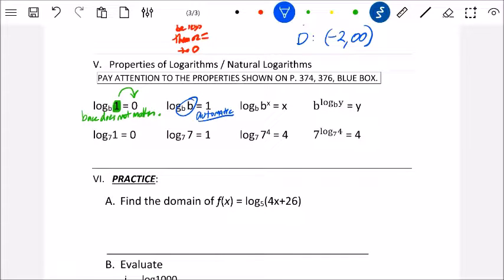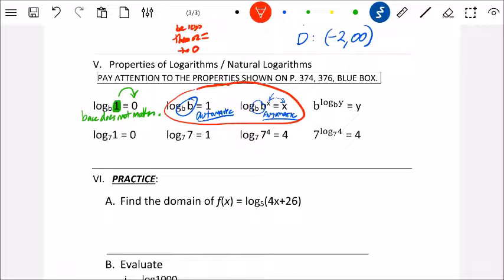Same thing here. If these two are the same, then whatever this exponent is becomes the answer automatically. That's just a rule. Just memorize the rule. By the way, these two are the same, and that's because this has a 1 exponent. We just don't show the 1. So you can think of it that way.